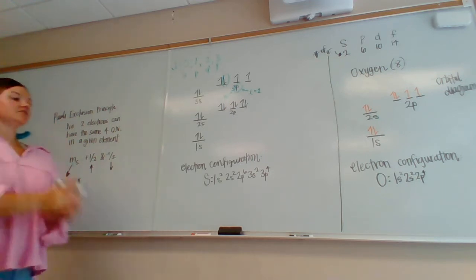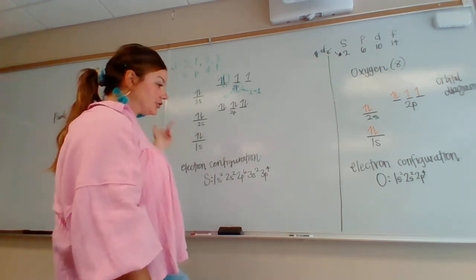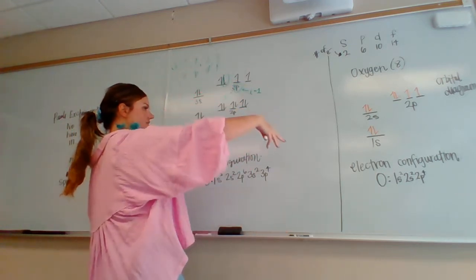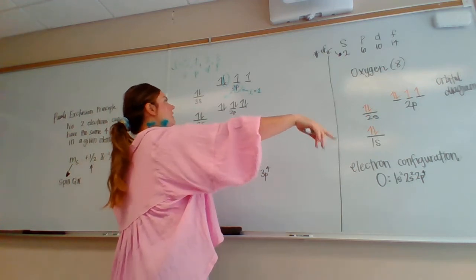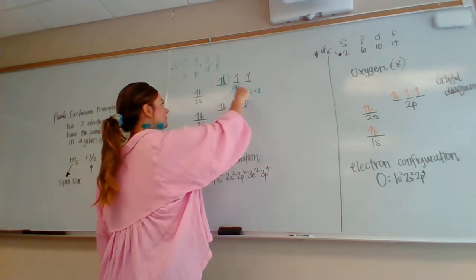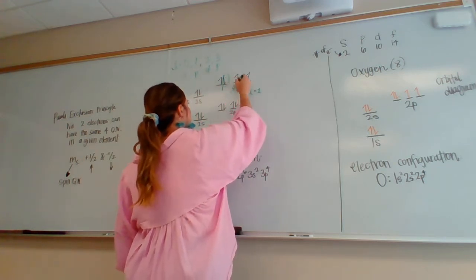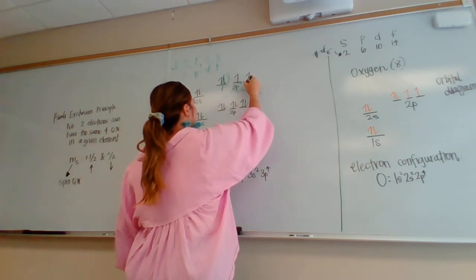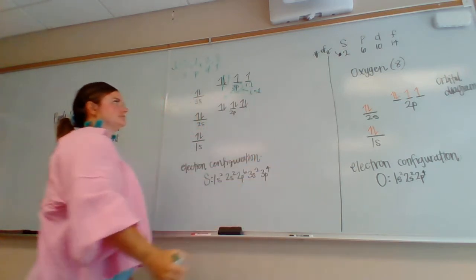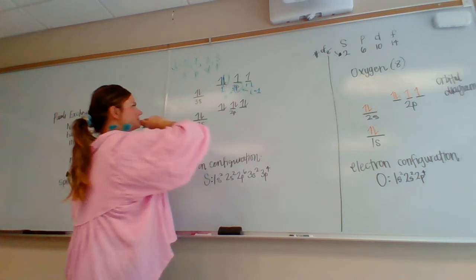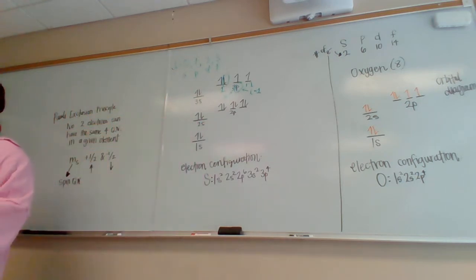Alright, my M sub L values are always related to L, and they're negative L to 0 to positive L. So my M sub L values for p would be negative 1, 0, positive 1. Y'all remember that?